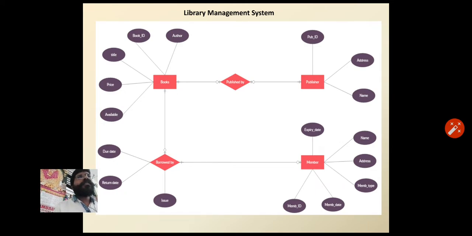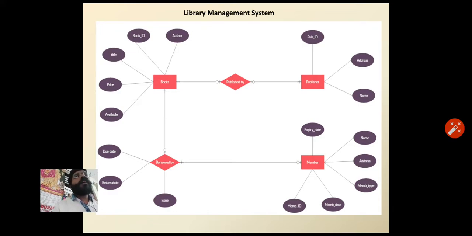There are three entities. One entity is book, the second entity is publisher, and the third entity is member. What is the actual procedure of the library management system? What are the attributes of book?